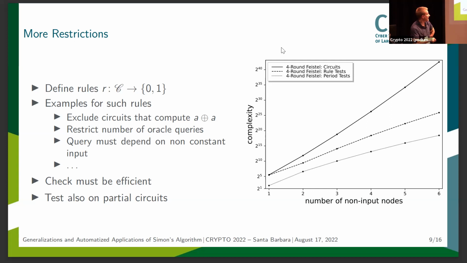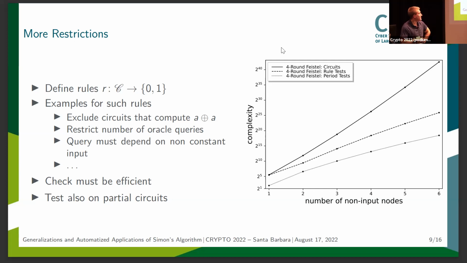And notice that this scale is logarithmic. So here is already 2 to the 40. So to take circuits with 6 non-input nodes, you would need to check 2 to the 43 circuits. So that would take a bit longer than a weekend on my laptop, at least.